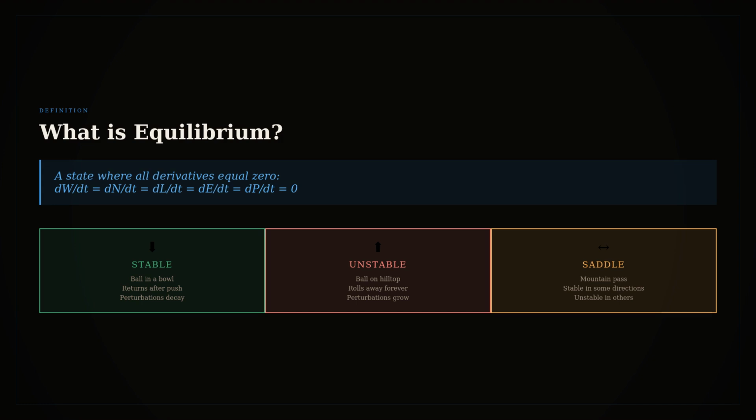A saddle point is stable in some directions and unstable in others. Like a mountain pass. The ball can rest there, but only if you approach from exactly the right angle. Political economies exhibit all 3 types. Understanding which equilibria are stable tells us which political arrangements can actually persist.